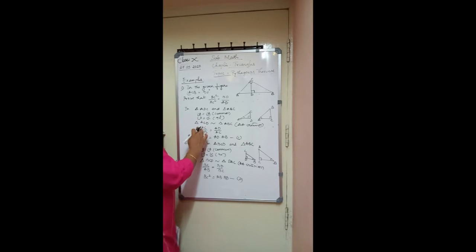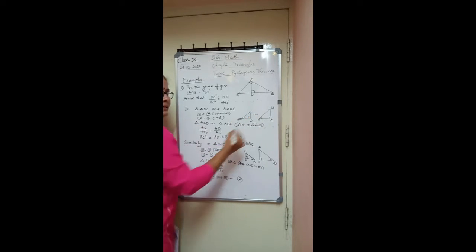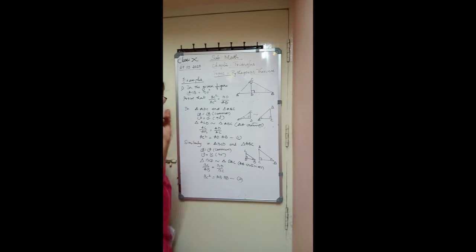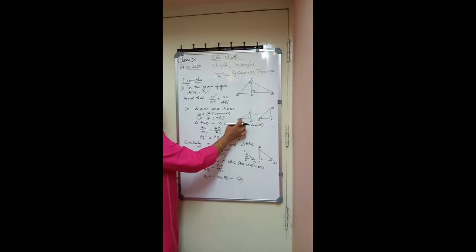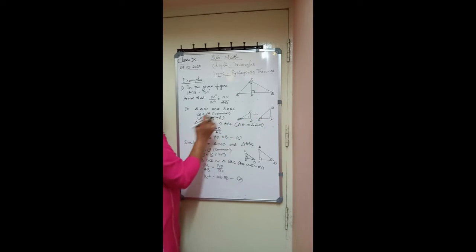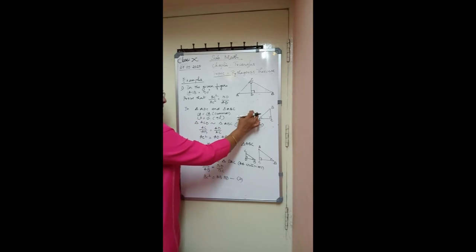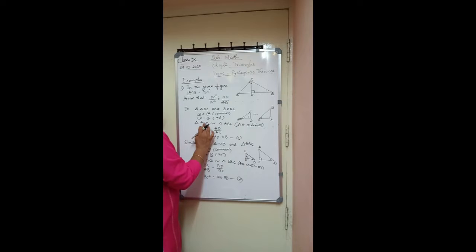So these two triangles are similar by AA criterion. Angle A is equal to angle A, angle C is equal to angle B, and angle D equals angle C. So triangle ACD is similar to triangle ABC by AA criterion.